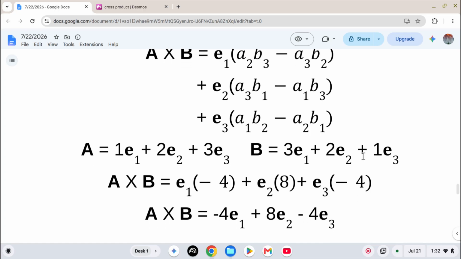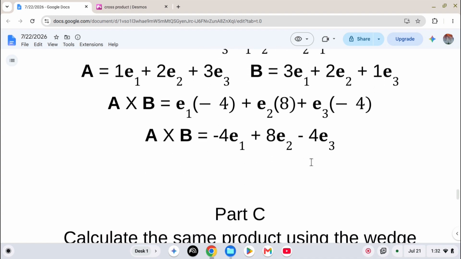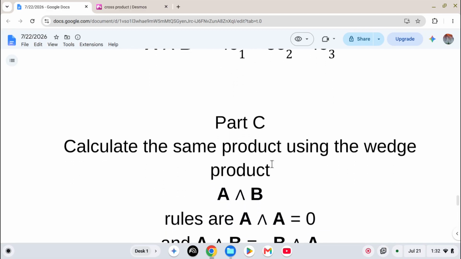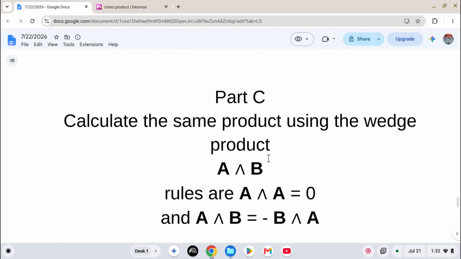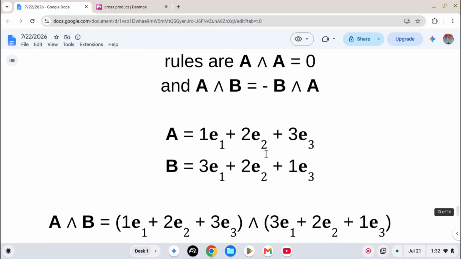Okay, the last one we're going to do is a wedge product. And this happens to be my favorite way to do the cross product, but it's tricky if you're not used to doing it. Once you get the hang of this, it's really quite easy, especially in Cartesian coordinates with orthonormal basis vectors. So here's what we're going to do. We're going to wedge A with B, and remember the rules.